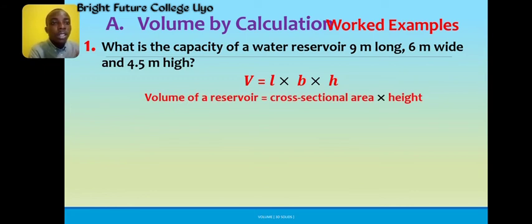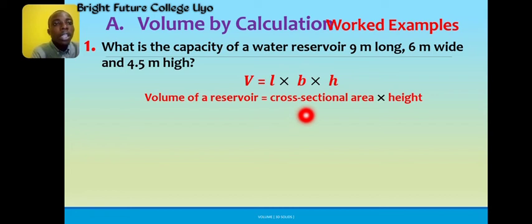So the volume of the reservoir is the cross-sectional area times height, LBH. Why am I mentioning cross-sectional area? Of course, you should know that area is length times breadth. So you can also be asked, what is the cross-sectional area? Cross-sectional area is the multiplication of the length and the breadth.